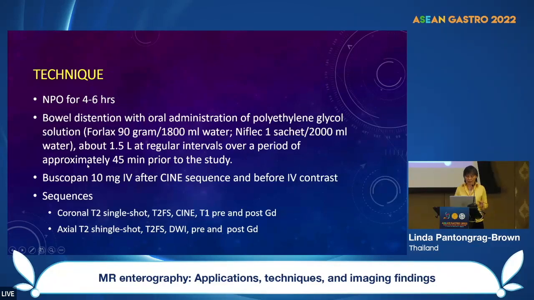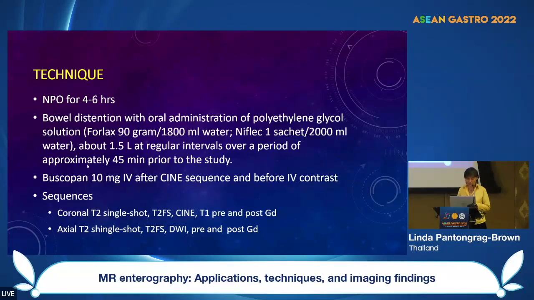It is the same solution as the colon bowel prep, but we have the patients drink about 1.5 liters at intervals over a duration of 45 minutes, and it will distend to the terminal ileum. We have to tell the patients that after the study, they might have some diarrhea because of the effect of the solution.